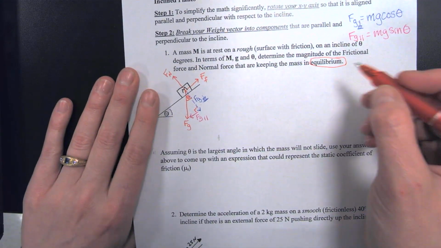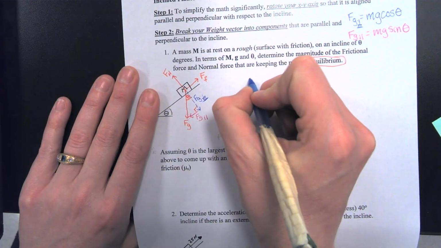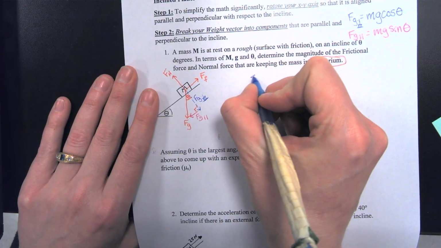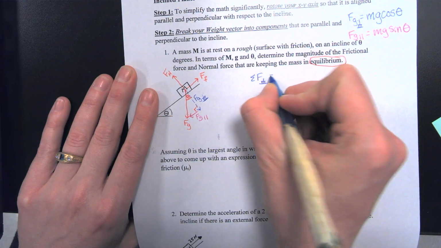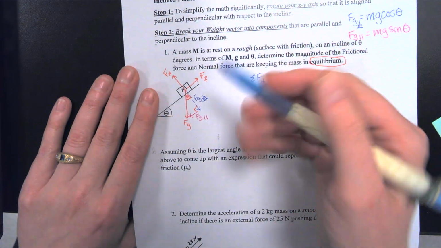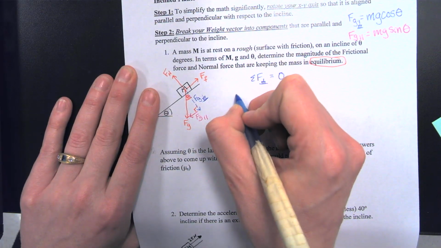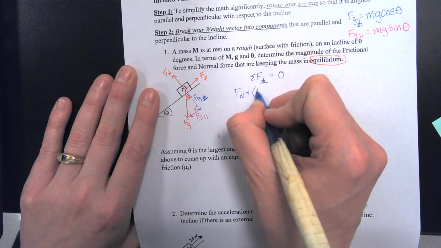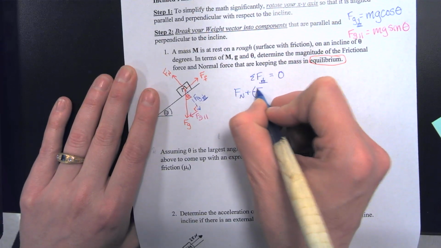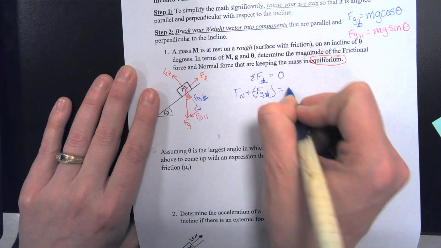So then instead of doing our sum of the forces in the x and sum of the forces in the y, what we're going to do is the sum of the forces perpendicular to the ramp is equal to 0 because it's not accelerating up off the ramp or down into the ramp. So that means the normal force plus negative FG perpendicular rather equals 0.